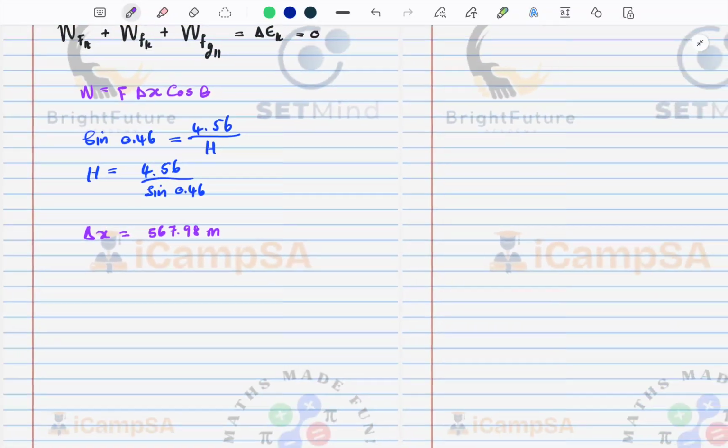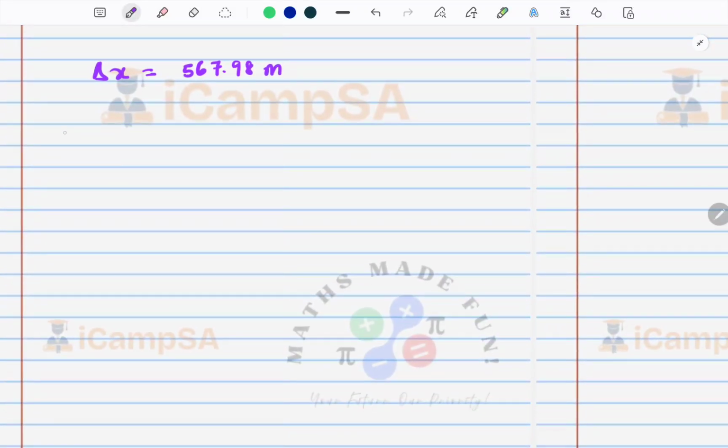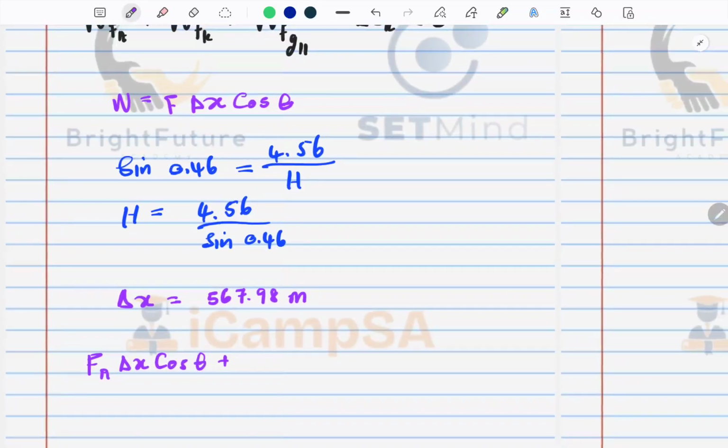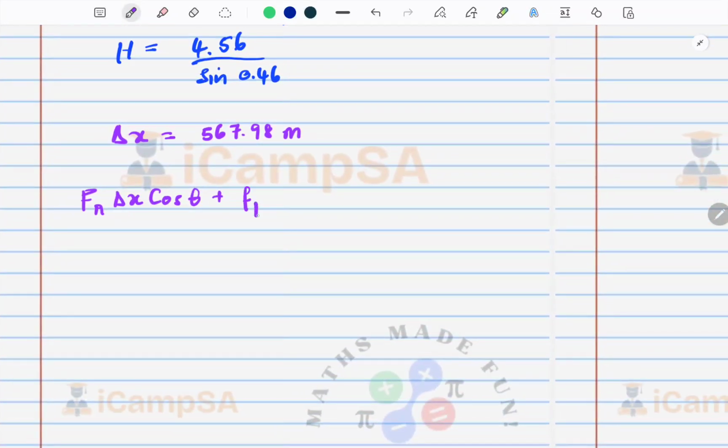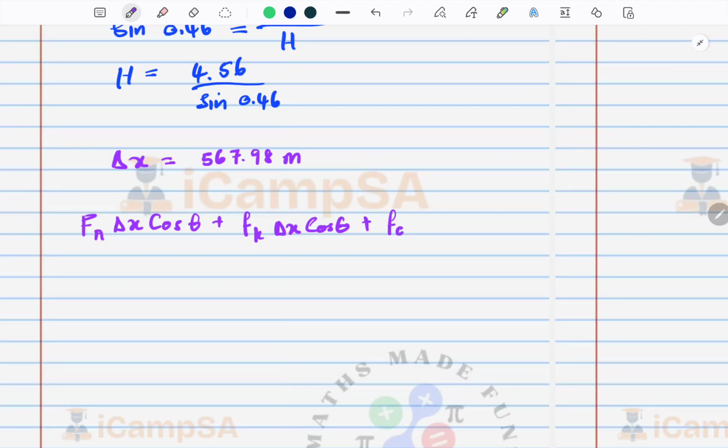So now that means you can come back here and substitute what you are looking for. What you're going to have is the force of the engine, which is your FA, times displacement cos theta, plus FK, displacement again cos theta, plus your FG parallel, then displacement cos theta again.